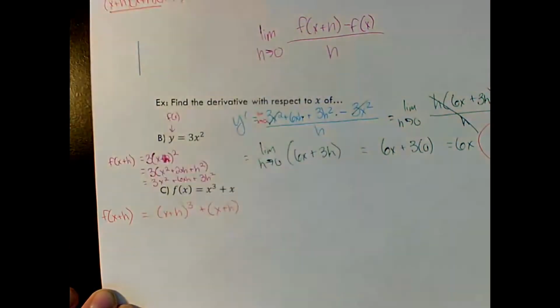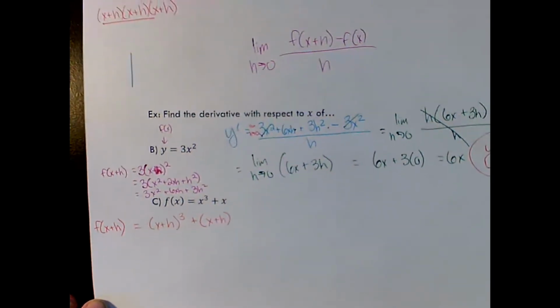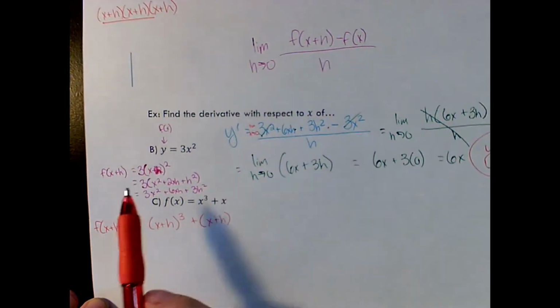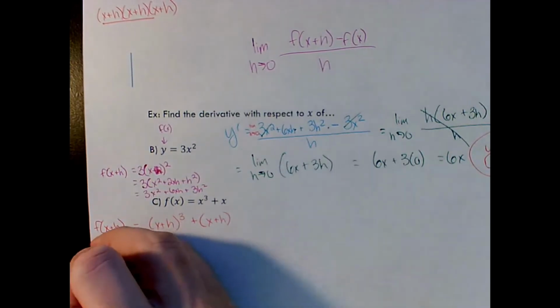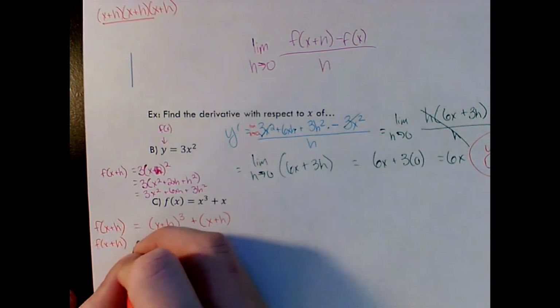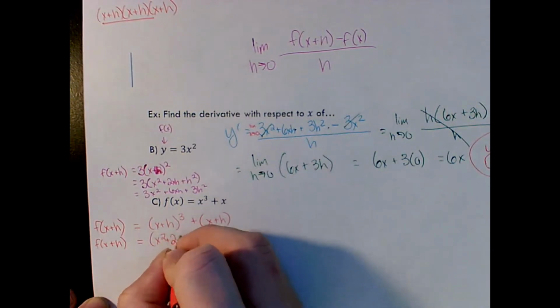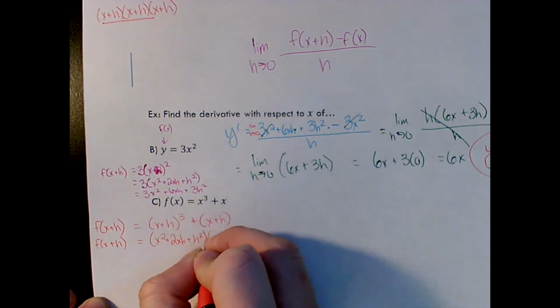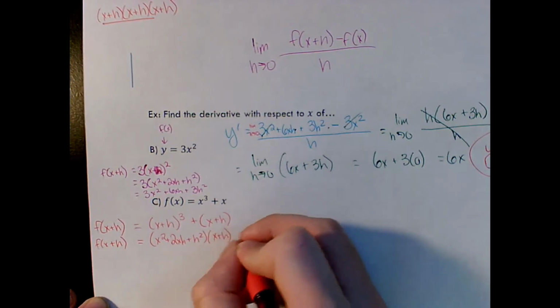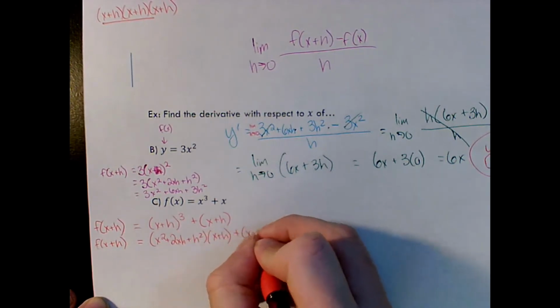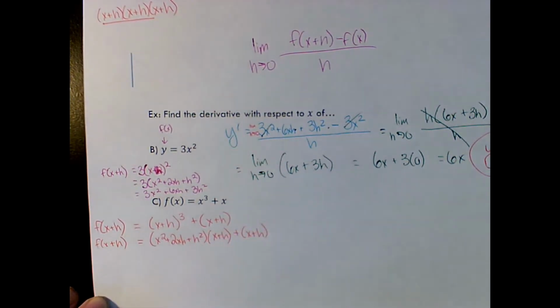Well, we already know what that guy equals because we just did that up here. So f of x plus h is going to equal x squared plus 2xh plus h squared, times x plus h, plus x plus h.